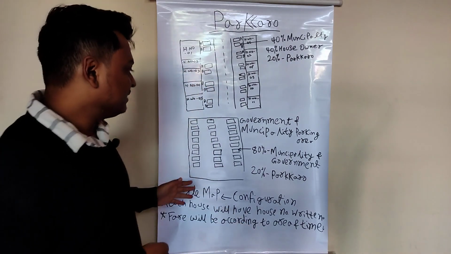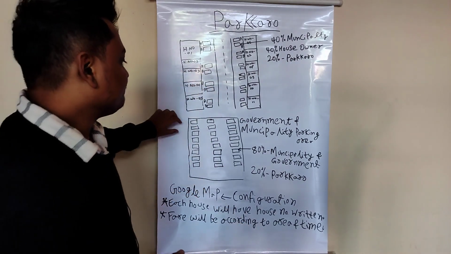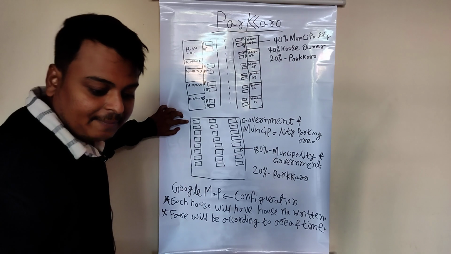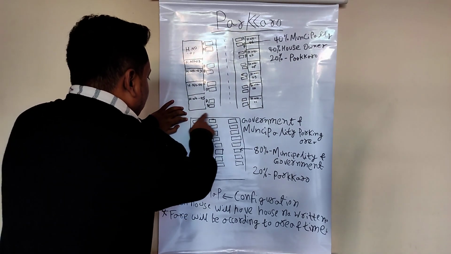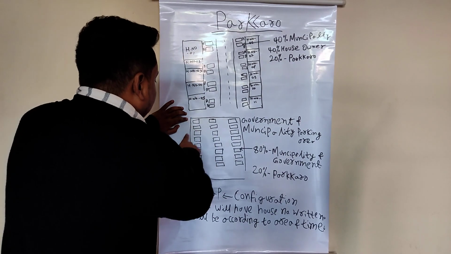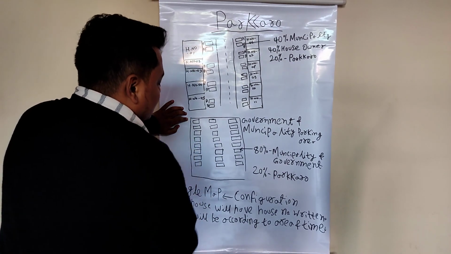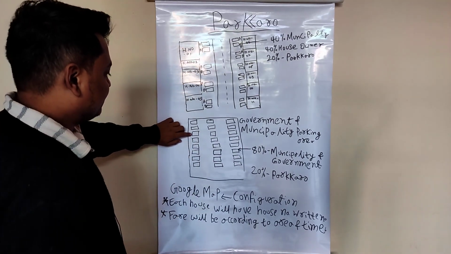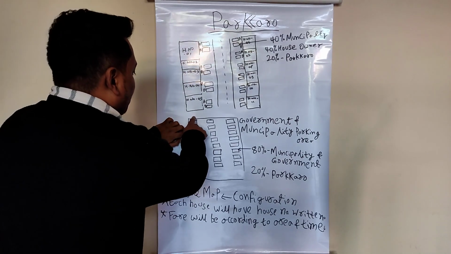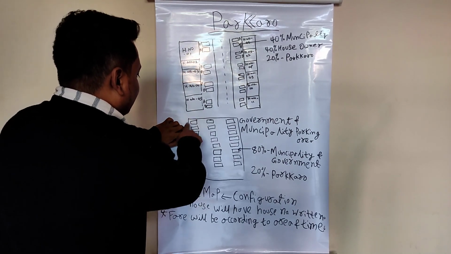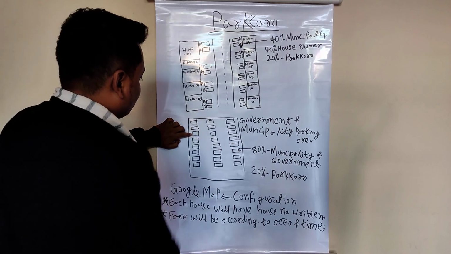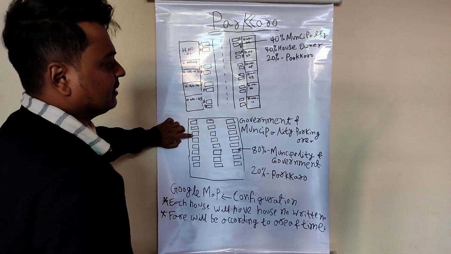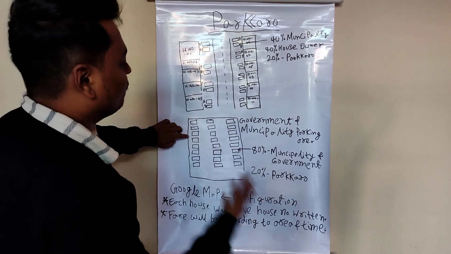So what will happen there is that it will be named according to a matrix, right? Like 1 2 3 and A B C D E F G H. So suppose there is a car here, it would be 1 for the column and C for the row. So 1C would be for this car parking, mentioned on the screen of your phone.